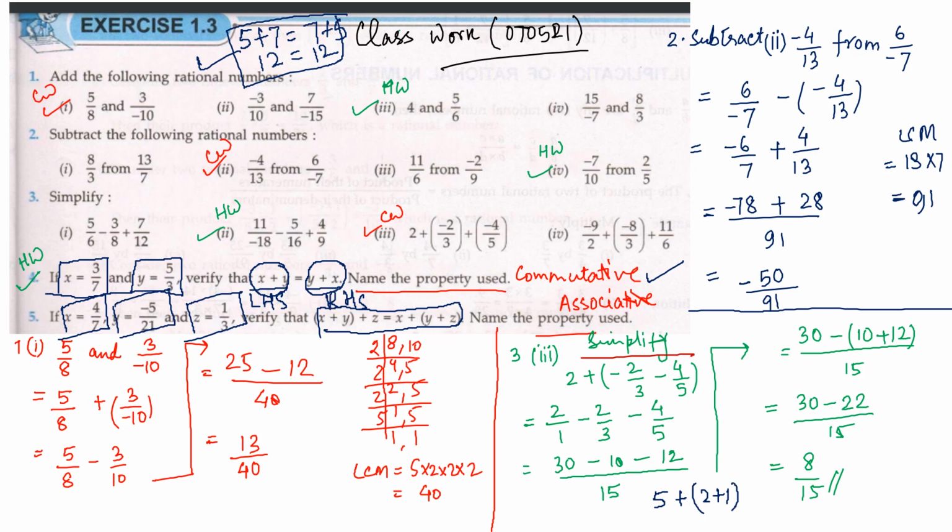So here I can group any of them in any order. Anyways, the answer will be same. So when two rational numbers are involved and added, they are called commutative property. When your three numbers are involved and added, then they are called your associative property. Clear?